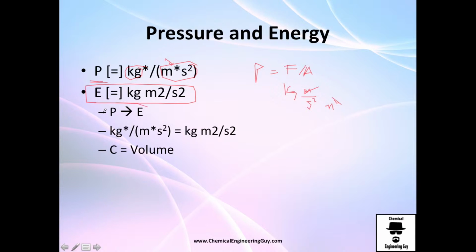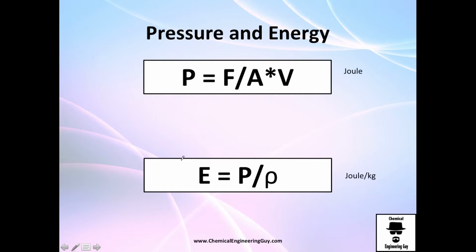So if we want to force this, the only way to do that is adding, right here, a volume. We need to add extra square meters, so we add a volume. I told you before, guys, this is joules, but since we use joules per kilogram, we need to divide by mass.